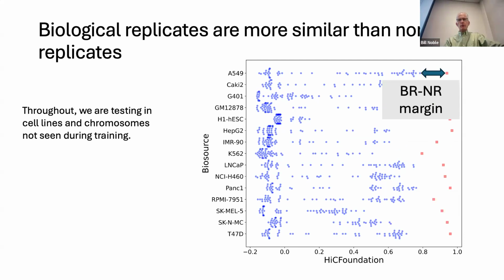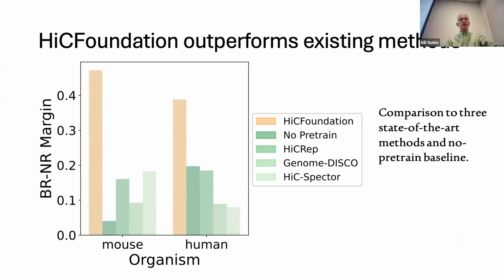One important point that's worth mentioning is that when we compare to state-of-the-art methods, we're always looking at novel biosources, so cell types that weren't used during pre-training, but we're also looking at chromosomes that were not used in pre-training. So we split the chromosomes and only trained on a subset of them. For all these tasks, we're looking at new biosources and new chromosomes.